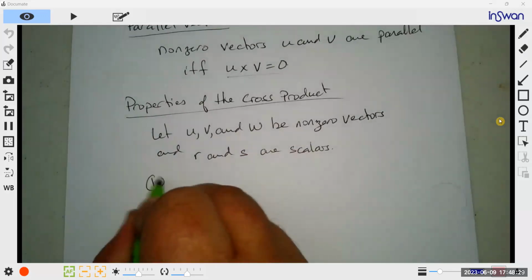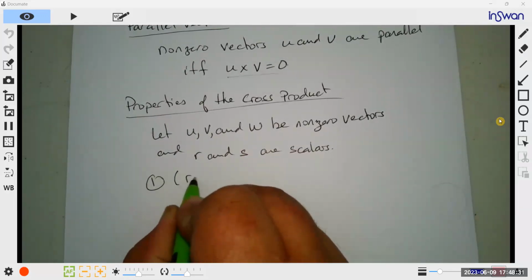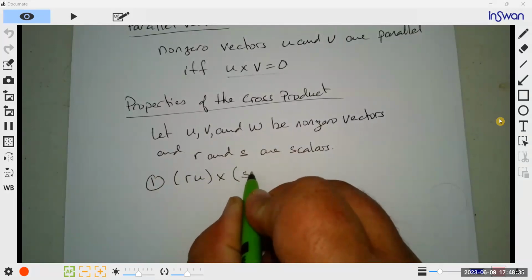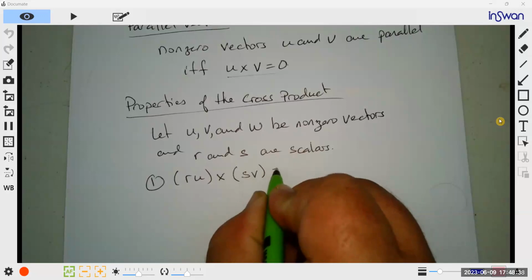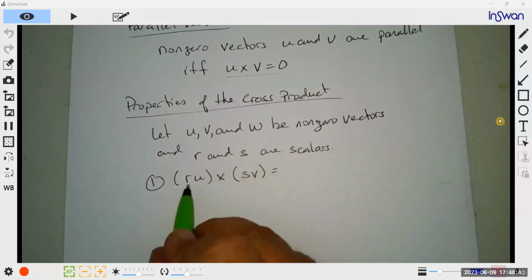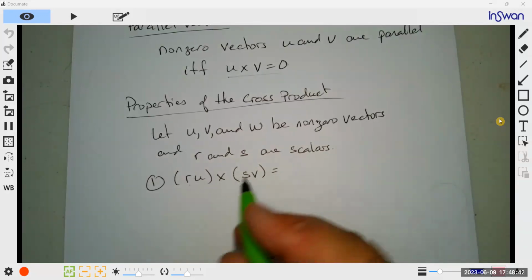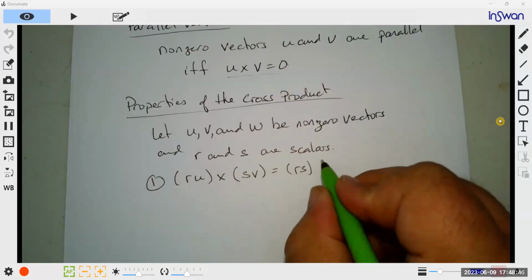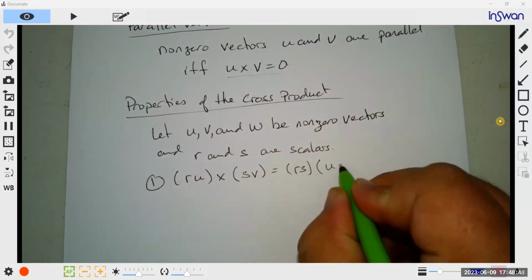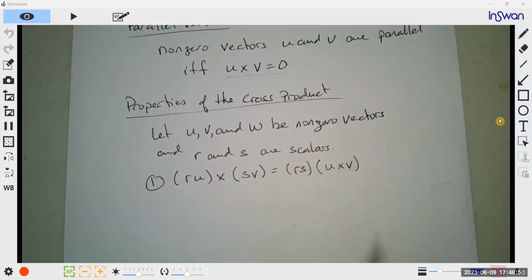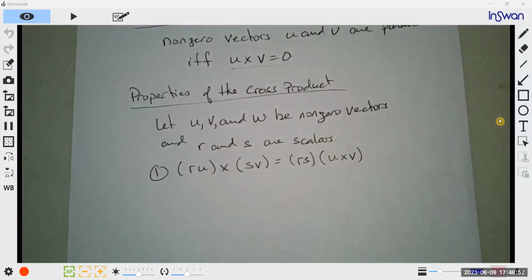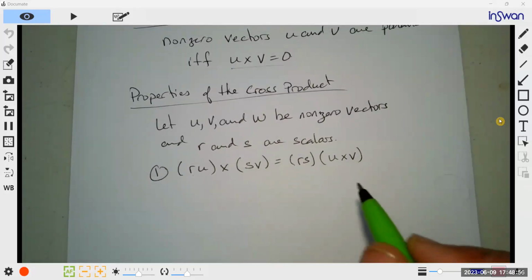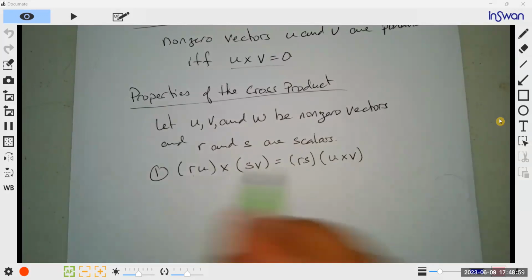So our first property, ru cross sv, since these are scalar multiples, we can factor out the scalars, and we have the product of the scalars times the cross product.